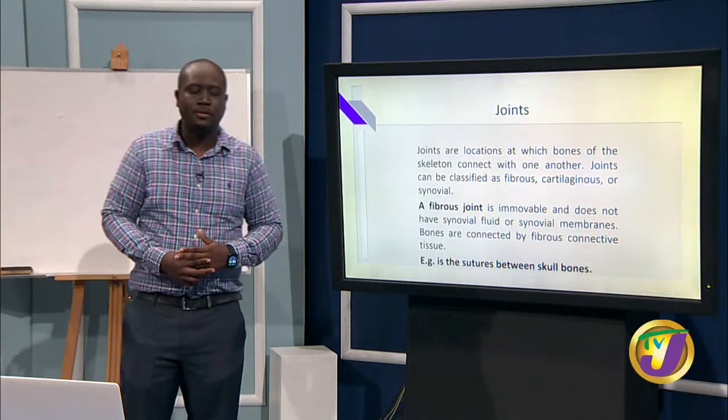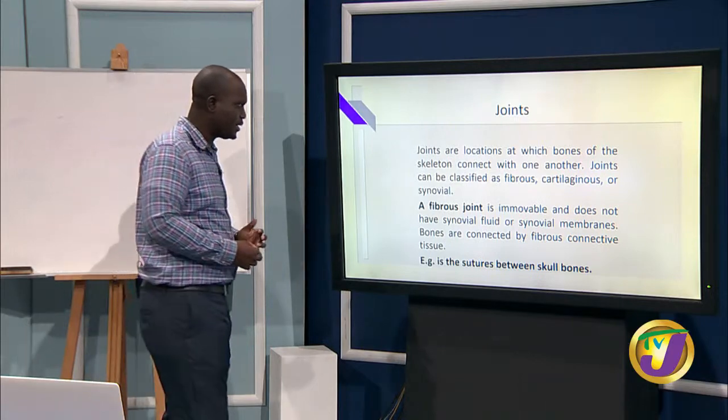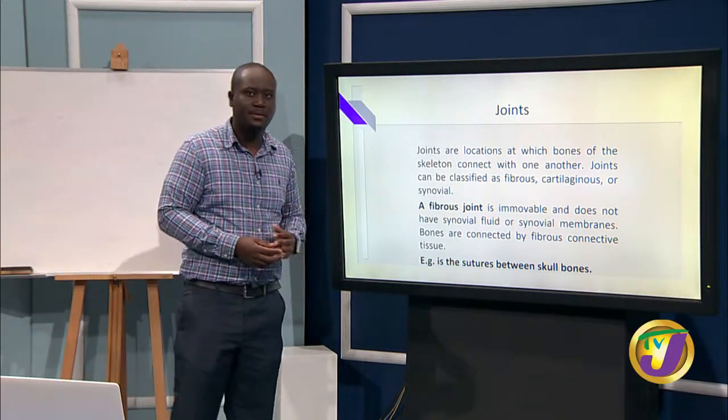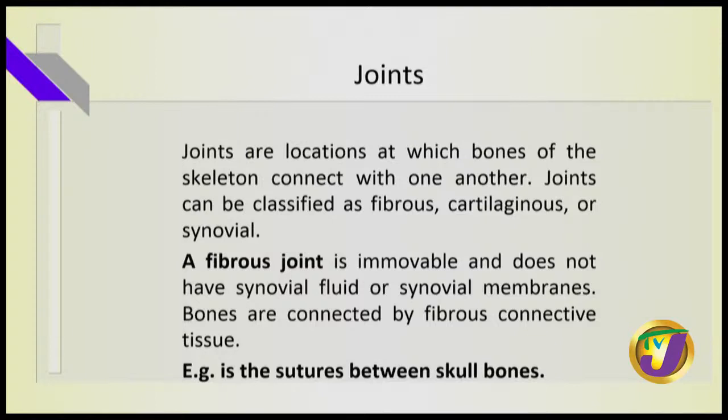Now for movement to occur in the human skeleton, there must be joints. A joint is simply where two or more bones meet. That's just a basic definition for joints. There are different types of joints in the human skeleton. You have the fibrous joints, which are called immovable joints, so they're not movable at all.